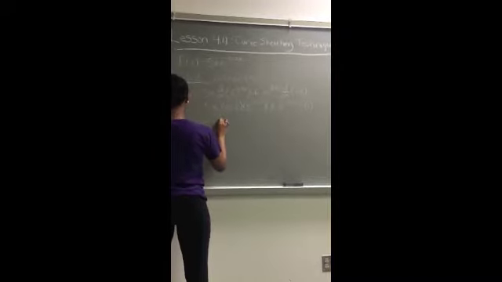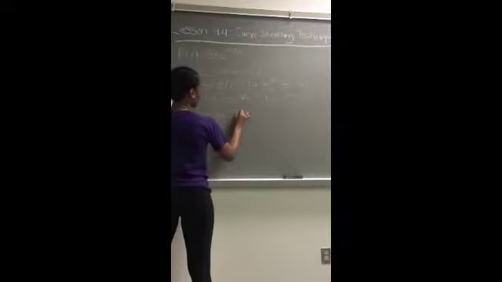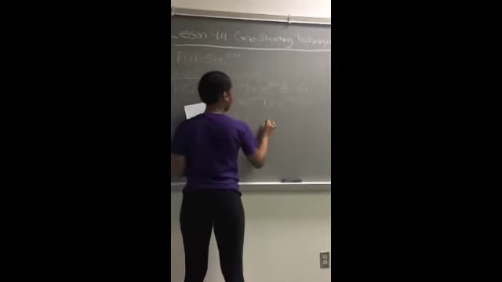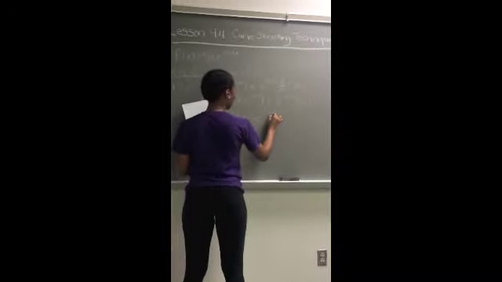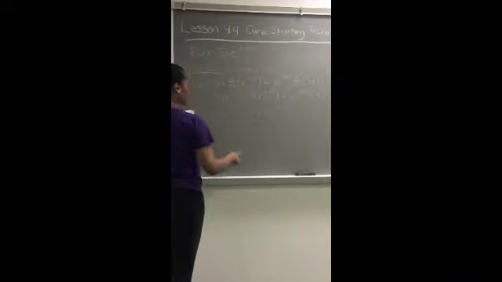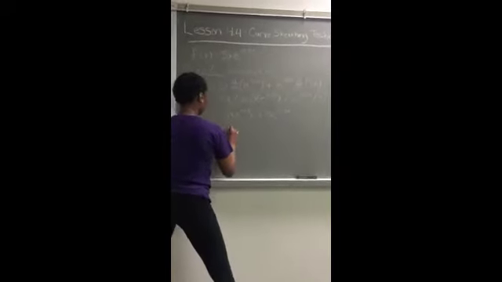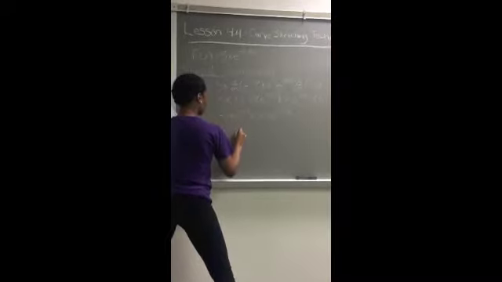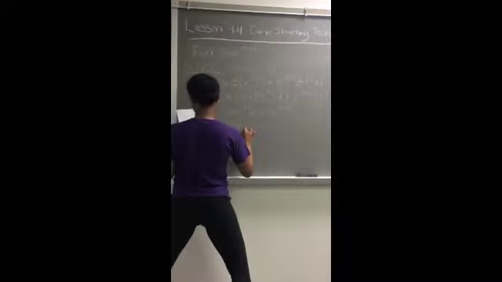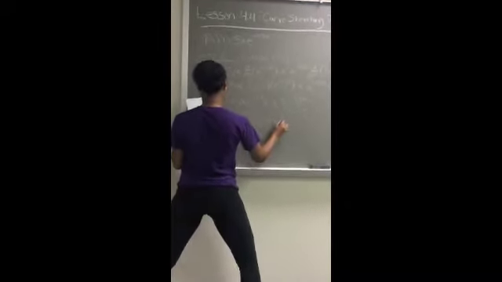So it's negative 1x times e to the negative 0.2x plus 5 e to the negative 0.2x. Then you can factor out the common term, e to the negative 0.2x. So that becomes 5 minus 1x.